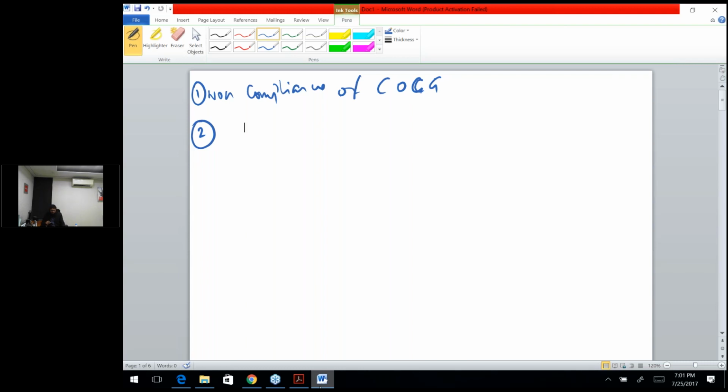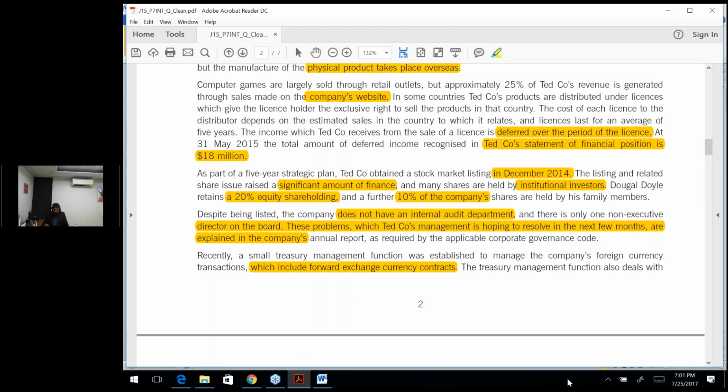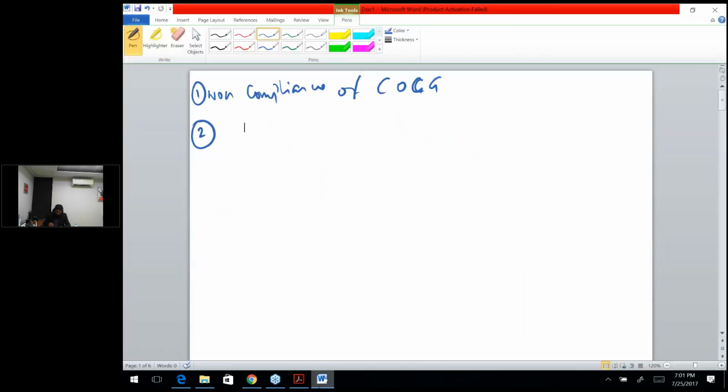Now, what does it say? It says that the company has recently formed a small treasury management function which is going to manage the foreign currency transactions through forward exchange contracts. Forward exchange contracts means you are dealing with derivatives, and the accounting for derivatives is complex.